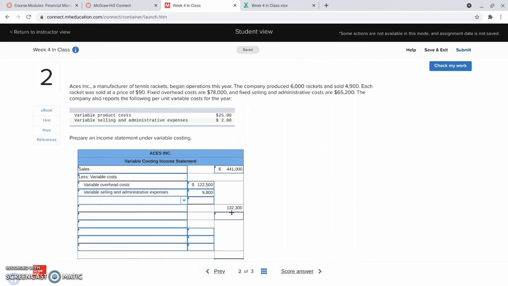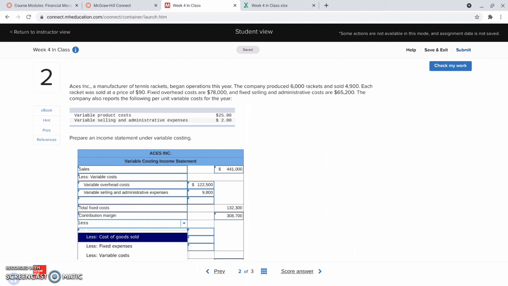So that gives us total variable costs of 132,300. That gives us our contribution margin of 308,700. That's simply 441 minus the 132. Next up is our less fixed expenses. The first one we're going to have here is fixed selling and admin.